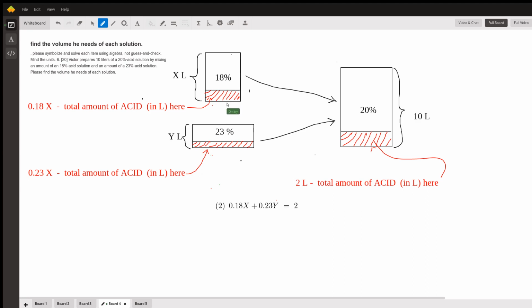And now we have a second equation, which is right here at the bottom of the screen. So we have acid here plus acid here, and it equals 2 liters of acid in the result.